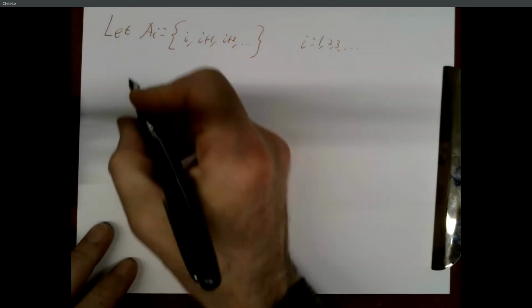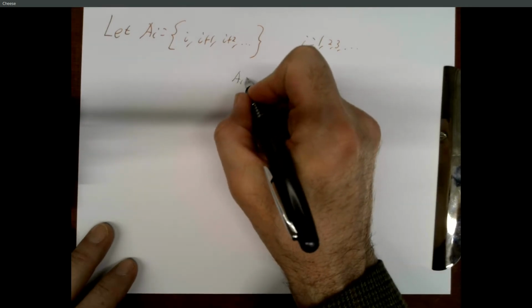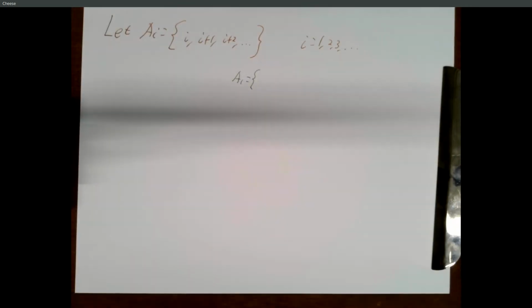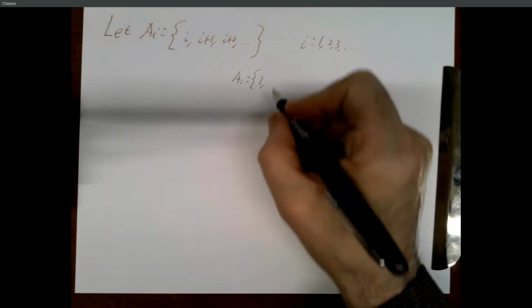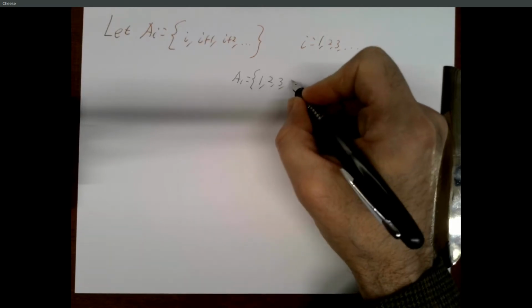So what would the elements of A1 consist of? What does the set A1 look like according to this definition? Say again? 1. Anything else? Just 1 all the way through all the integers from 1 on up.